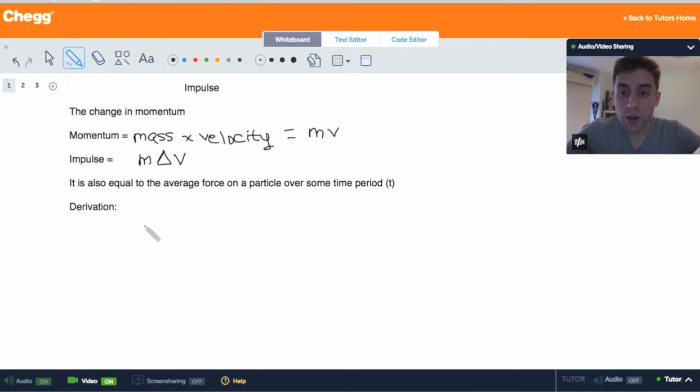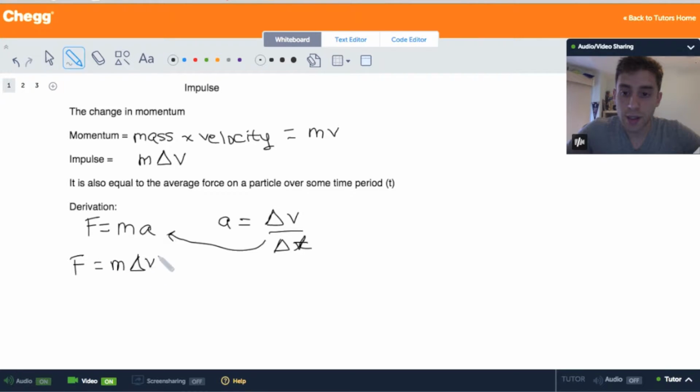The derivation of this is we know that force is equal to the mass times acceleration. But what is acceleration equal to? Acceleration is equal to the change in velocity over the change in time. So we can plug this in for the acceleration, and we get force is equal to the mass times the change in velocity over the change in time.